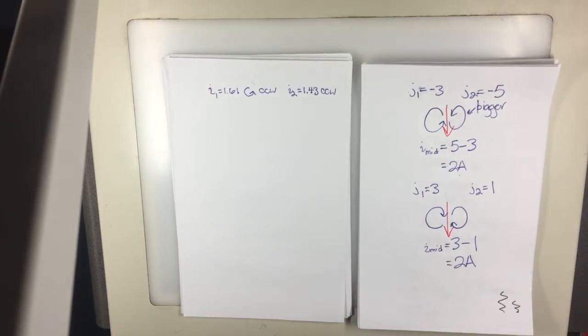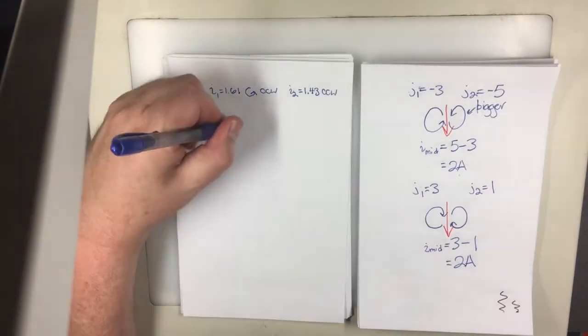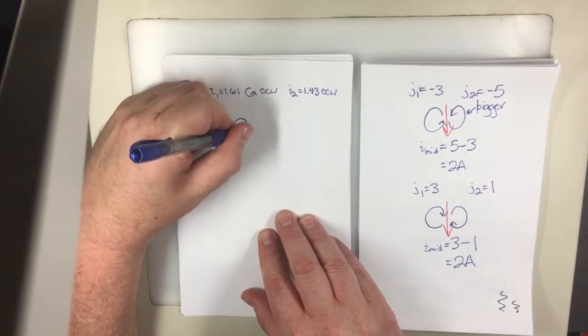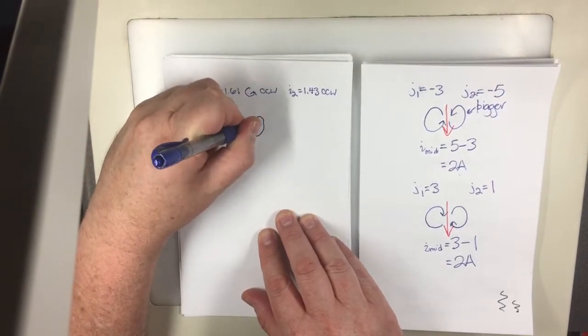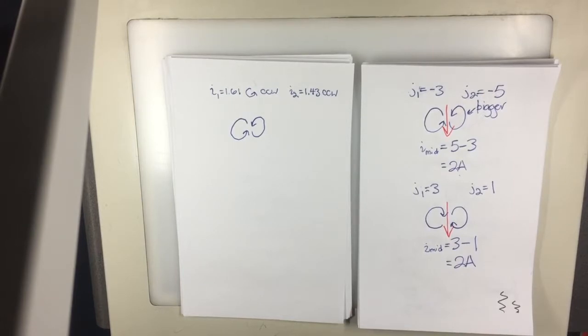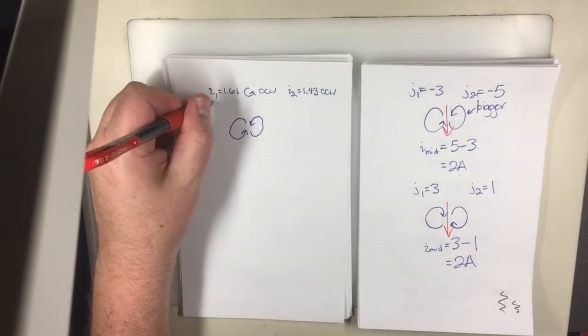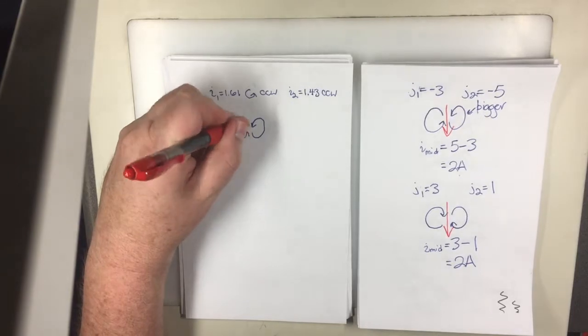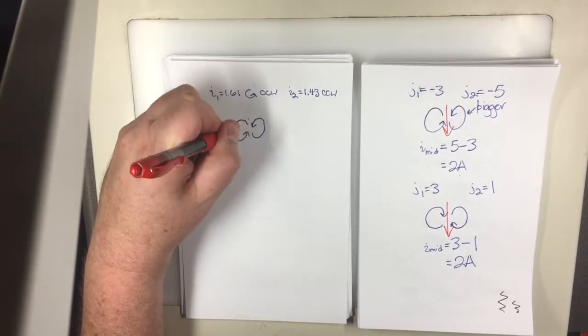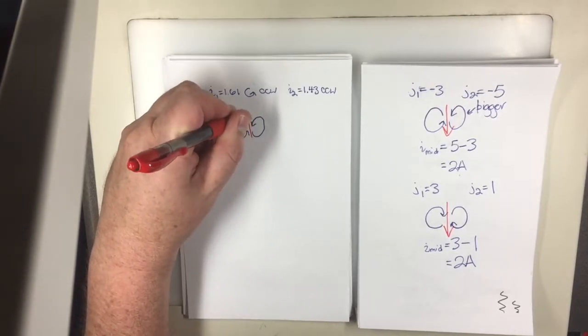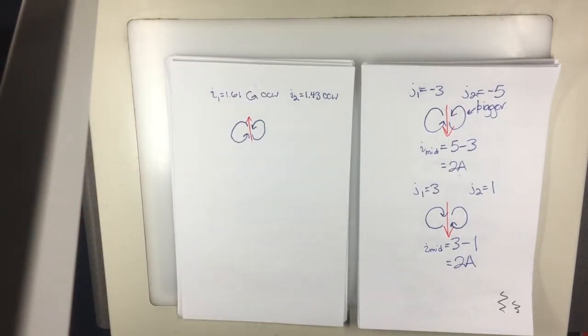And so we're left with both are counterclockwise, so they're both head to head. Which one is the bigger one, I1 or I2? I1. So this current is going to follow the direction of I1. And since this one goes from bottom to top for I1 in the middle, the current direction is from bottom to top.